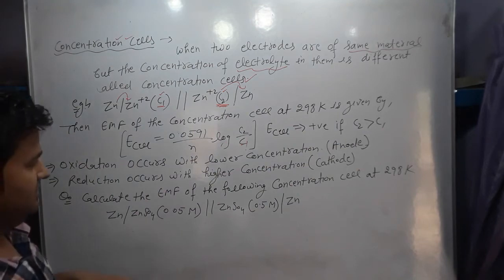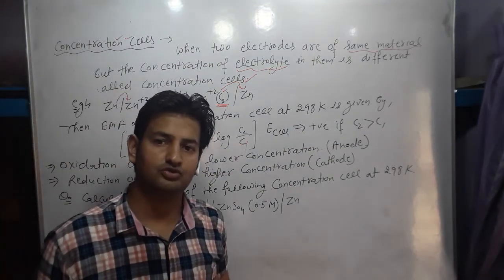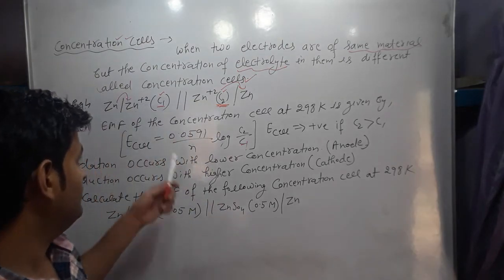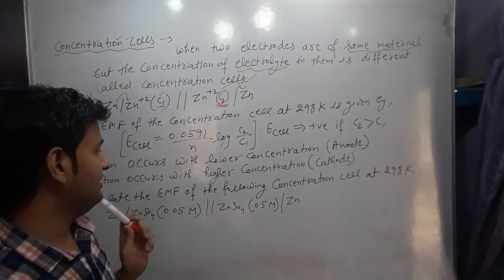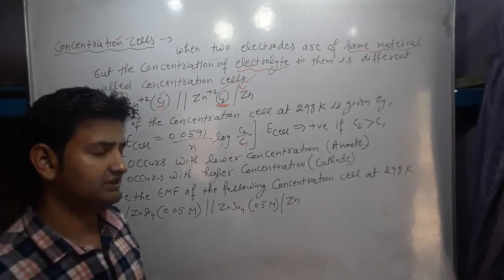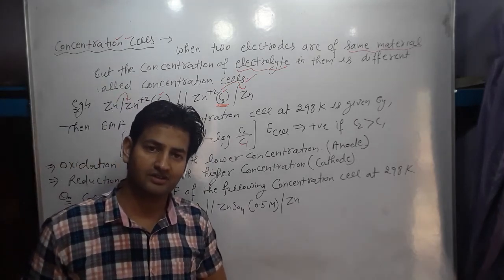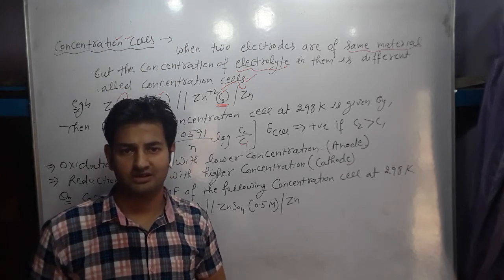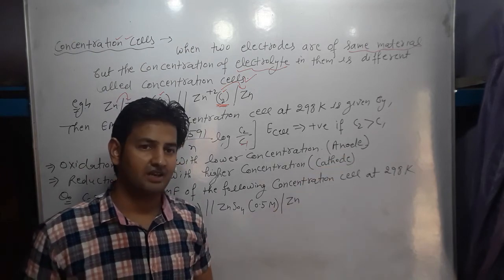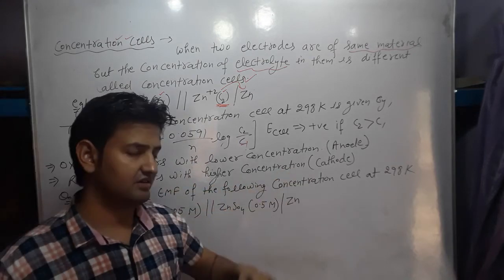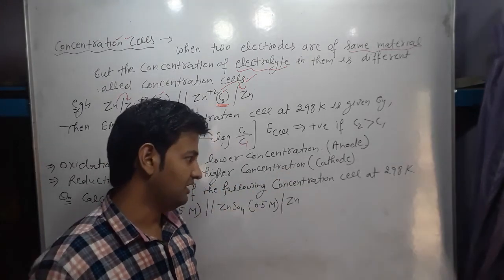Oxidation and reduction occur at which electrode? Because both are made of the same material, oxidation occurs at the lower concentration. The electrode with lower ionic concentration is where oxidation occurs and it acts as the anode, and reduction occurs at the electrode with higher ionic concentration.